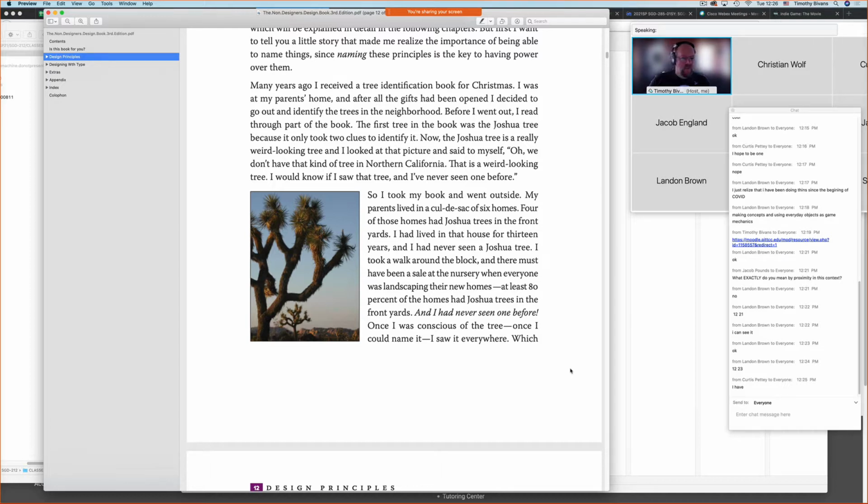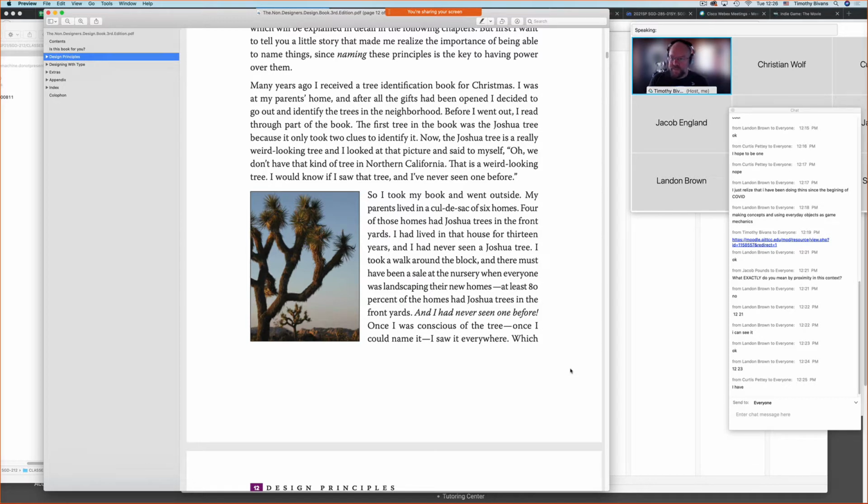Once I was introduced to these concepts, you go to the grocery store and see a sign using one of these principles in a poor way, and you go, wow, that's really poor contrast, or they could use proximity better. Once you've been introduced to these concepts, you see them everywhere. So beware that I am about to do that to you.